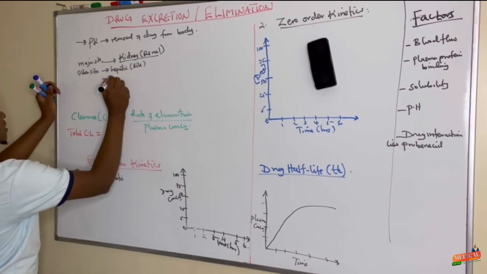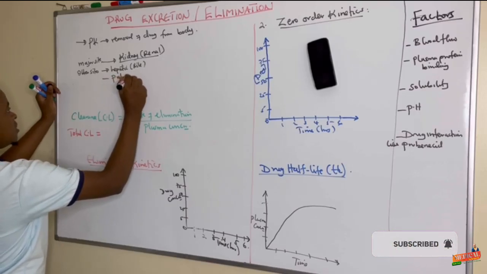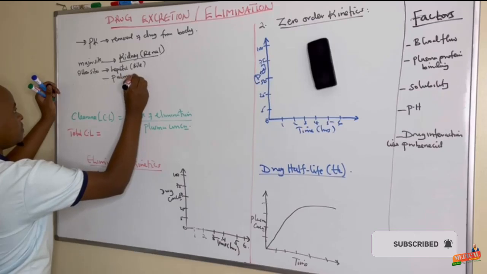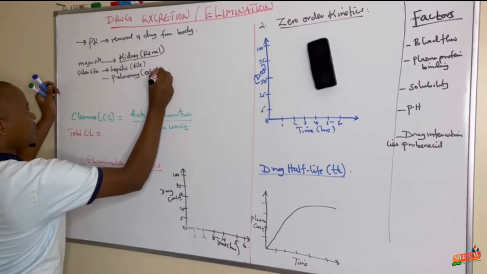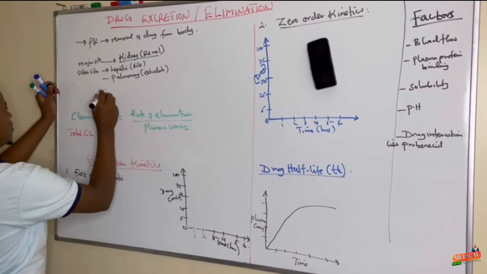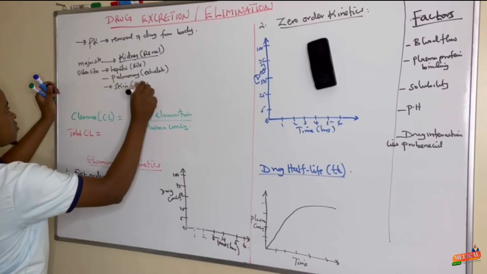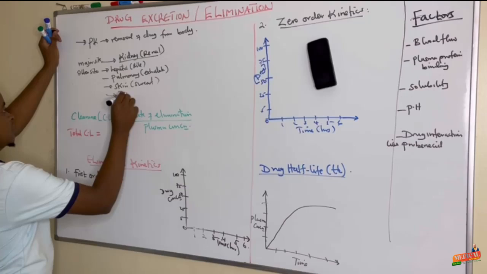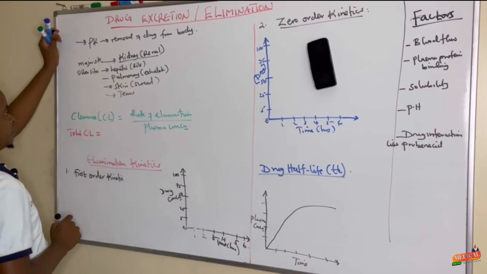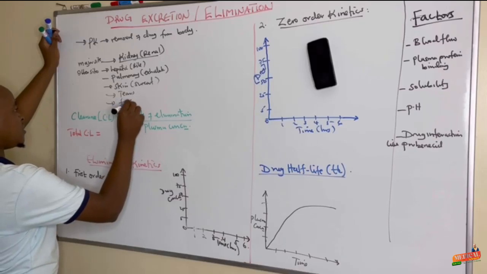We have other sites like pulmonary, that is through the lungs by exhalation. We have the skin, that is in the form of sweat. We have the eye, that is tears. We have also feces, that is stool.